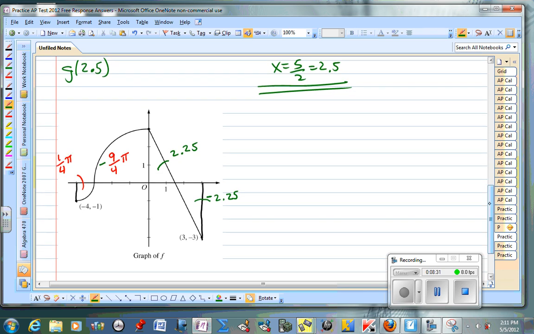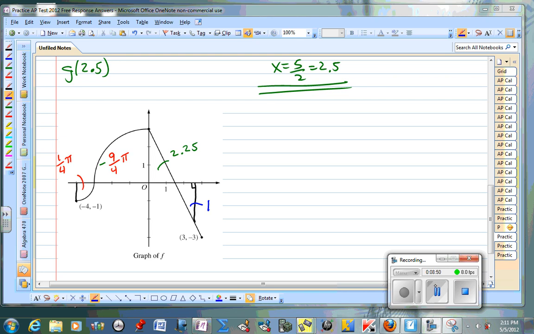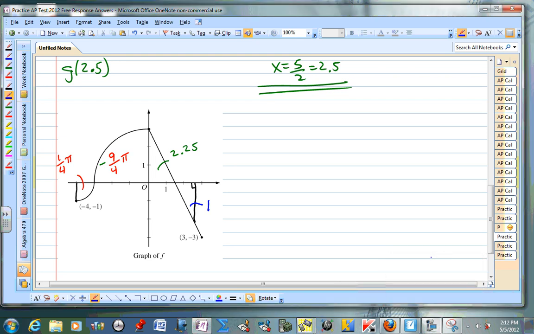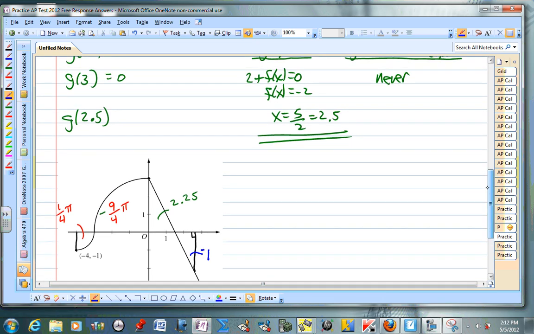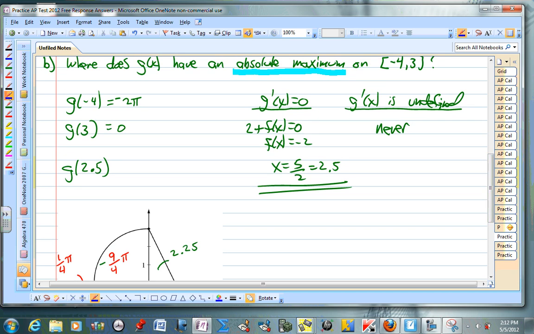And now G of 2.5, we need to draw a different little triangle here. See, the base is 1. Let me think about this for a minute. The base would be 1, the height would be 2. So this area, this integral will be negative 1.